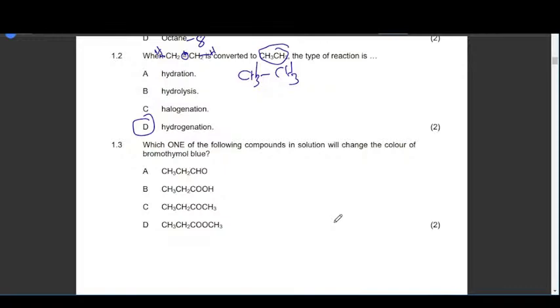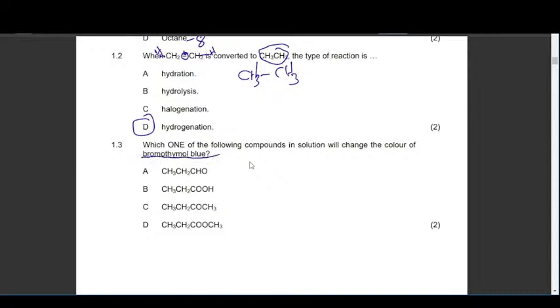1.1.3. They're saying which one of the following compounds in solution will change the color of bromothymol blue? So what are you looking at here?